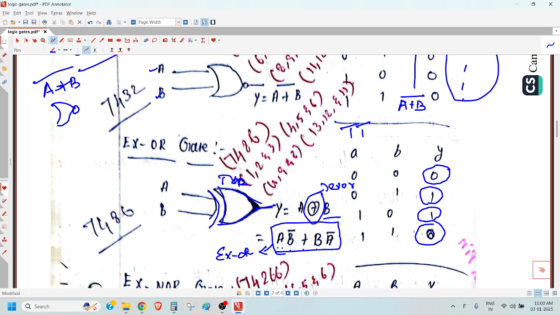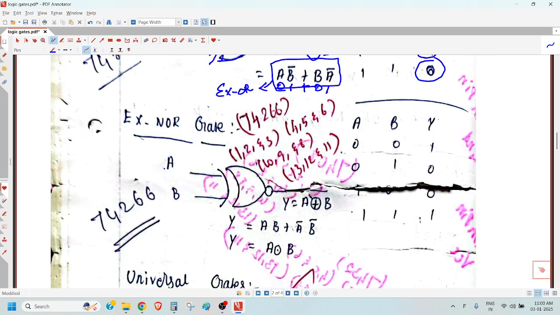You can write it here very easily: 0 times B bar 1 gives 1, then plus B with A bar as 1; if you combine them, you get 0. So this is called the XOR gate. The IC we use here is 7486. Same thing, 1, 2 are inputs and 3 is the output, and the same combinations continue up to 13. Pin 14 will act as the power supply. That is what we have explained here.